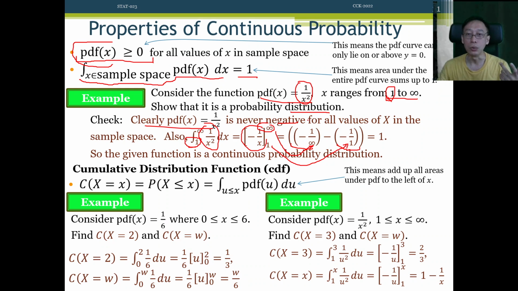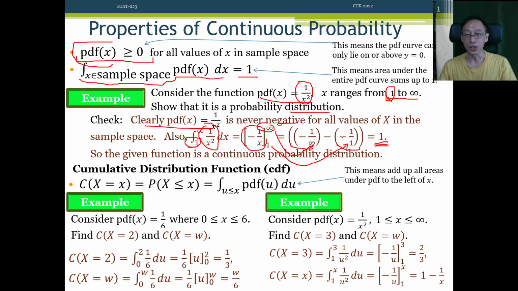So to fast forward this calculation, 1 over infinity is 0. 0 minus negative 1, we get positive 1. So a beautiful 1 pops up right here, not a tiny bit more nor less. Hence, it is a proper continuous probability distribution. So that's the end of the proof.